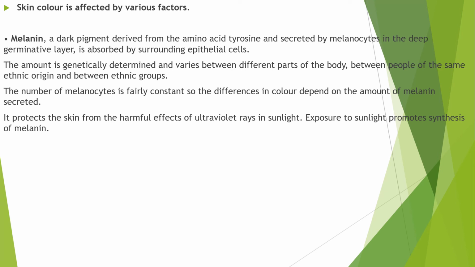So we've talked of melanin as the main factor. Melanin is derived from the amino acid tyrosine and is secreted by melanocytes in the deep germinative layer, or basal layer, which is just below the epidermis.